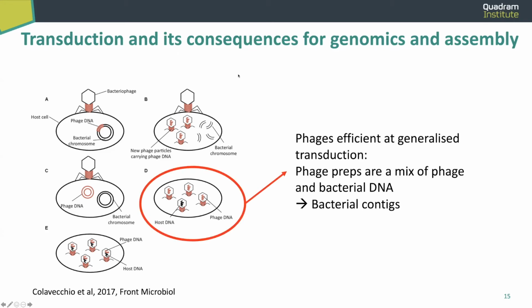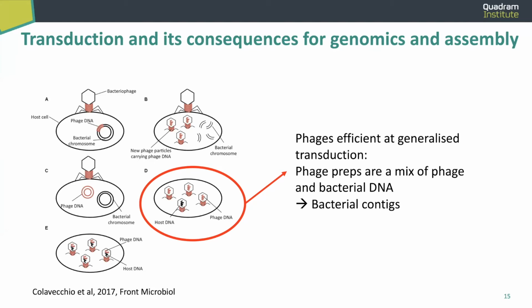There's also generalized transduction, which is quite important to think about. Some phages are quite efficient generalized transducers, meaning they randomly package host DNA. And then no matter how clean your phage prep is, there will always be some bacterial DNA present, which means that once you assemble, you could always have some bacterial contigs present.